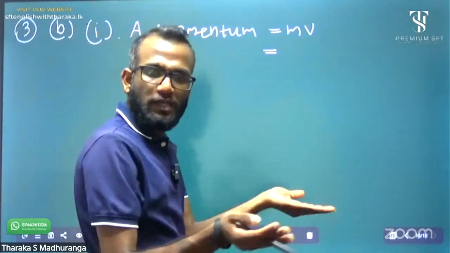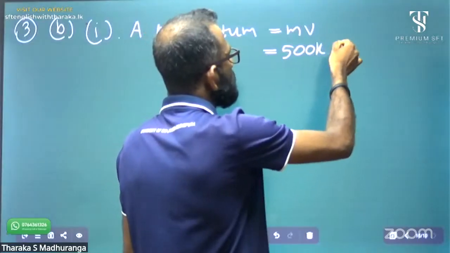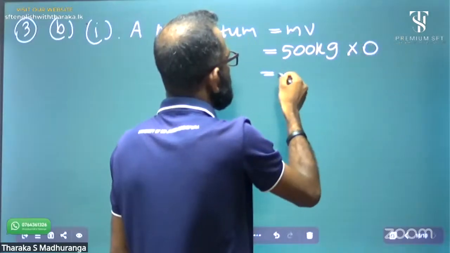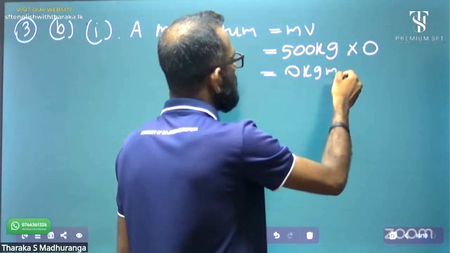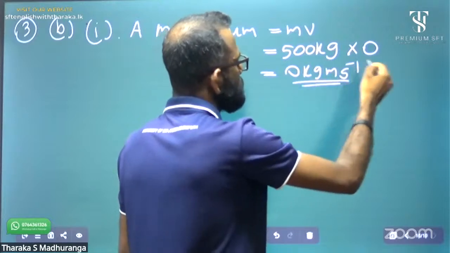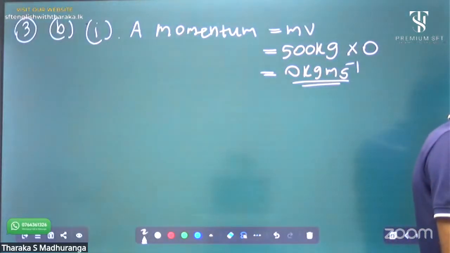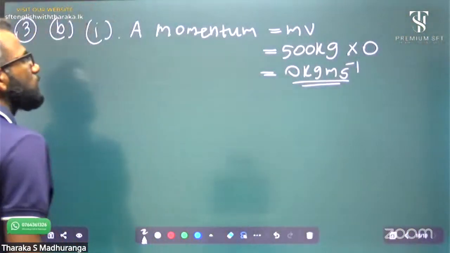The complete trolley, yeah, it's 500. Good, 500 kilogram. The velocity at A point is 0. Then it is 0 kg ms minus 1.